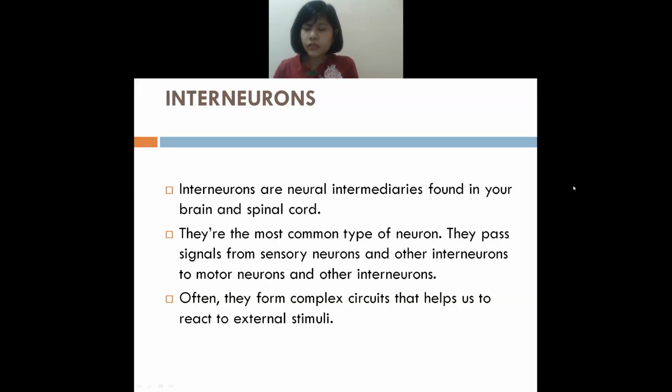They help you in reacting, if something harmful or something not good for your body is occurring outside your body. So these interneurons help you in reacting to that situation.